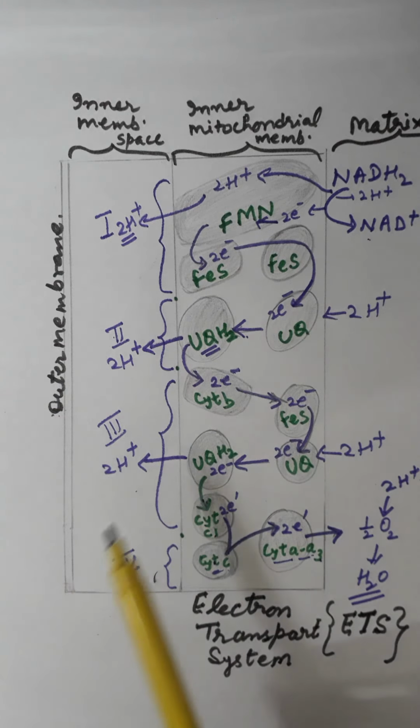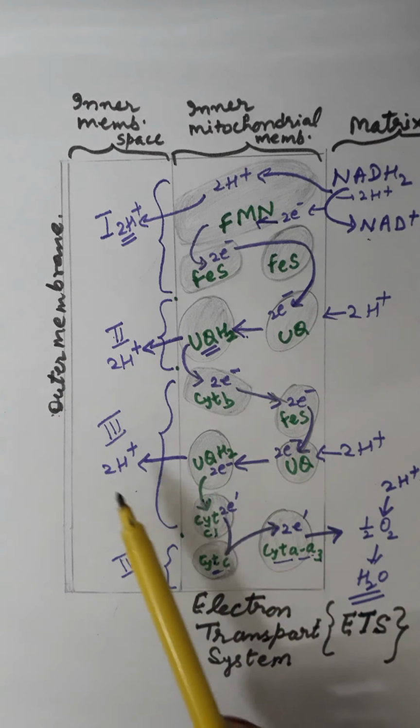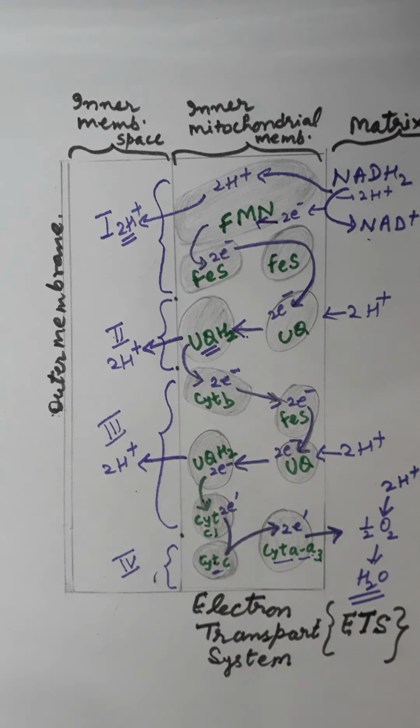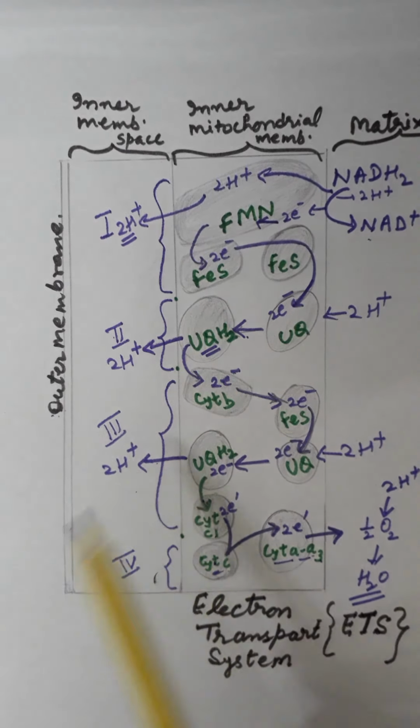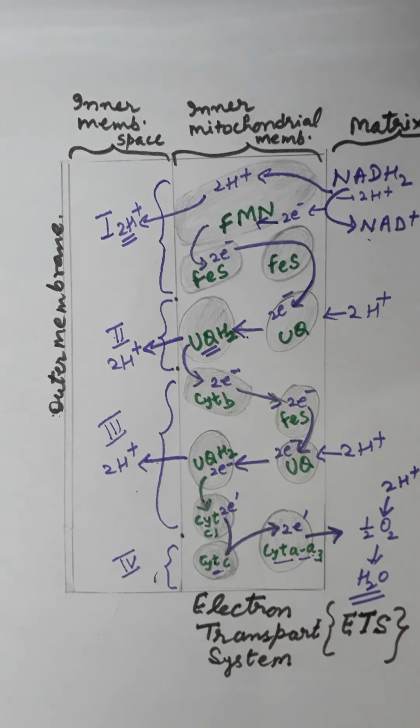And when electrons travel from the next ubiquinone, that is cytochrome third, again energy is released and it passes 2 protons from the matrix to the inner membrane space. So when electrons are transferred from FADH2 to the electron transport system, at 2 steps protons are transferred from the matrix to the inner membrane space. And when electrons pass from NADH2 to the electron transport system, at 3 steps protons are transferred from the matrix to the inner membrane space.